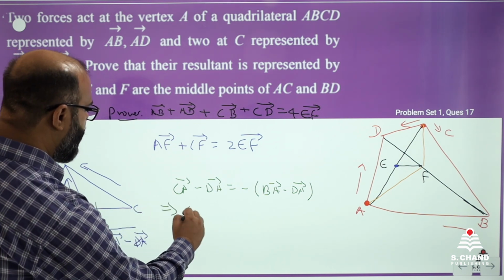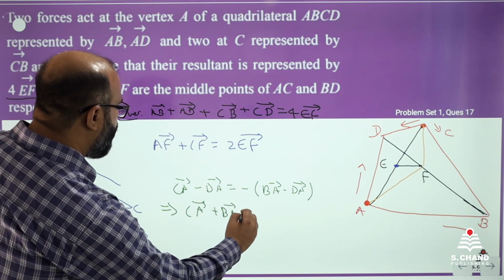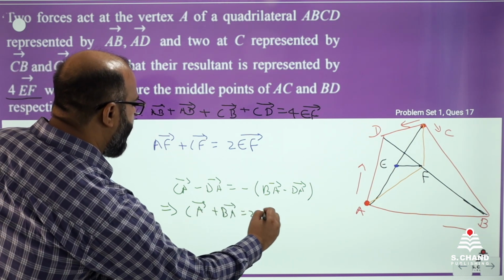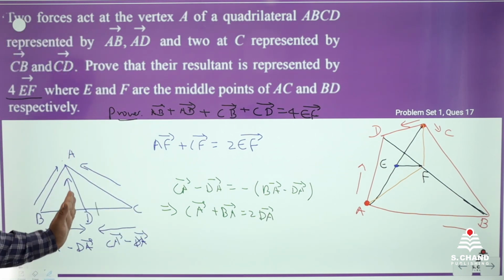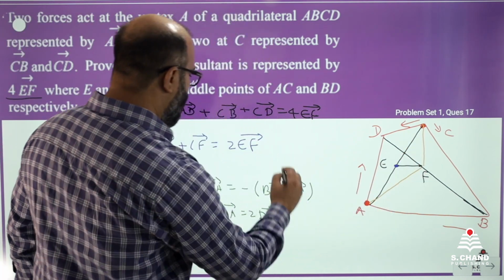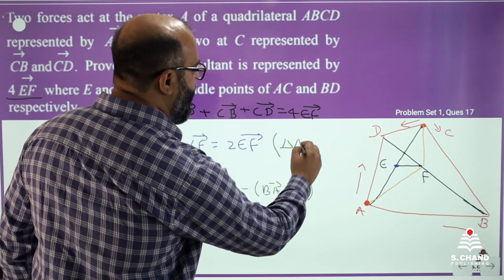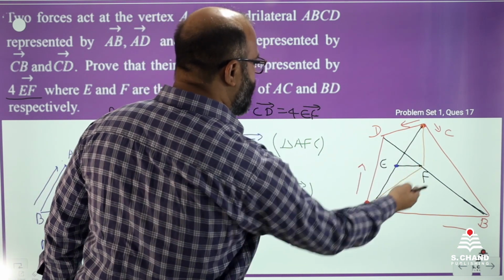So from here we get CA plus BA is equal to 2DA. So this is the result which I am trying to explain to you, that this vector plus this vector is twice of this vector. So this result can be applied in this triangle, triangle AFC. So this vector AF plus CF is twice of EF.